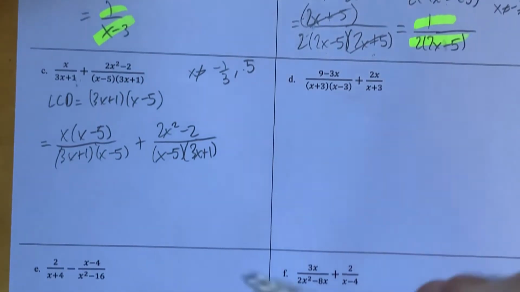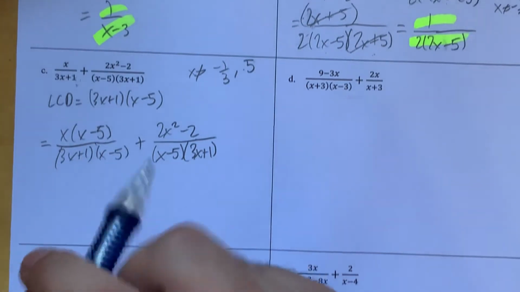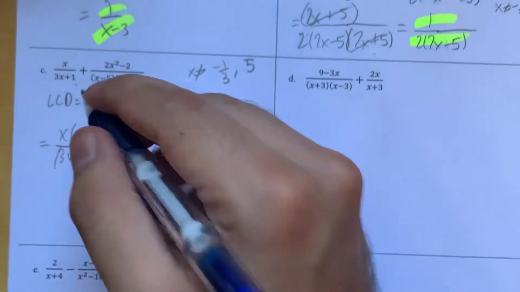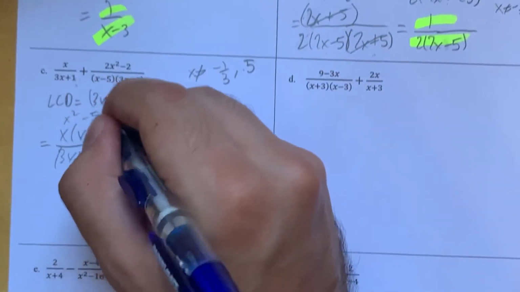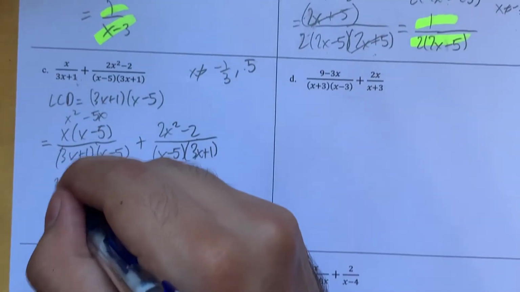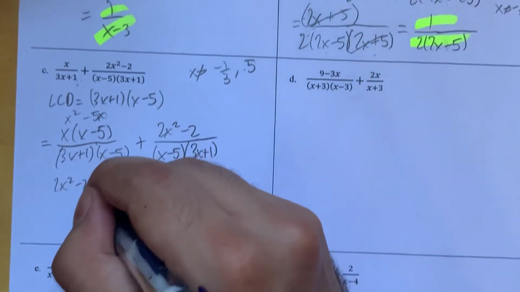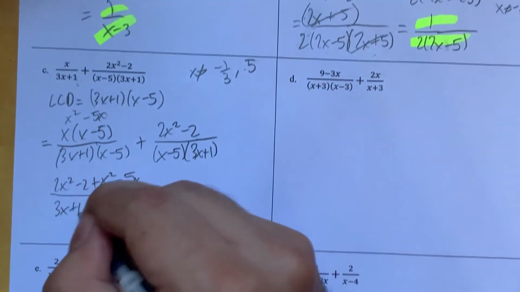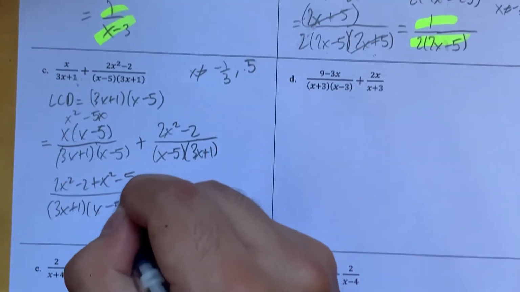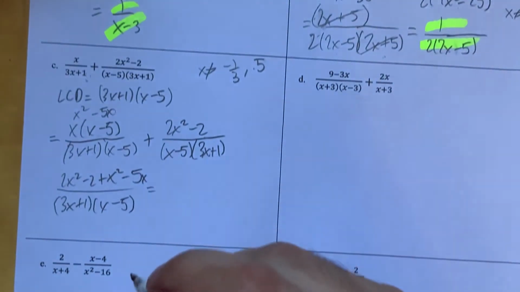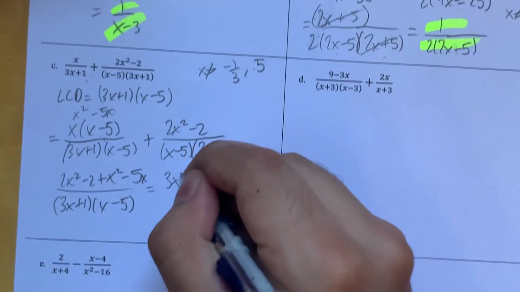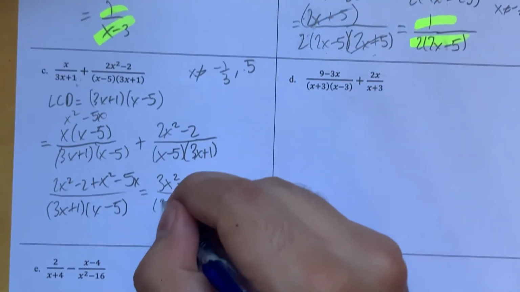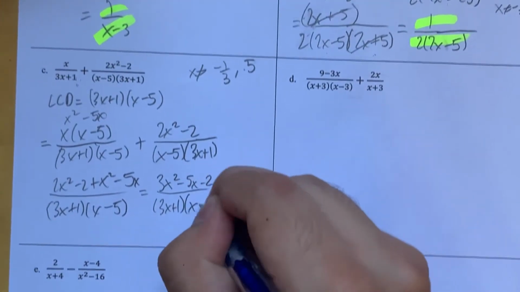Now we're just going to combine the numerators, but we should probably factor out this. So we get x squared minus 5x. Now we can add them. So we get 2x squared minus 2 plus x squared minus 5x divided by 3x plus 1 times x minus 5, which we will get 3x squared minus 5x minus 2 divided by 3x plus 1 times x minus 5.